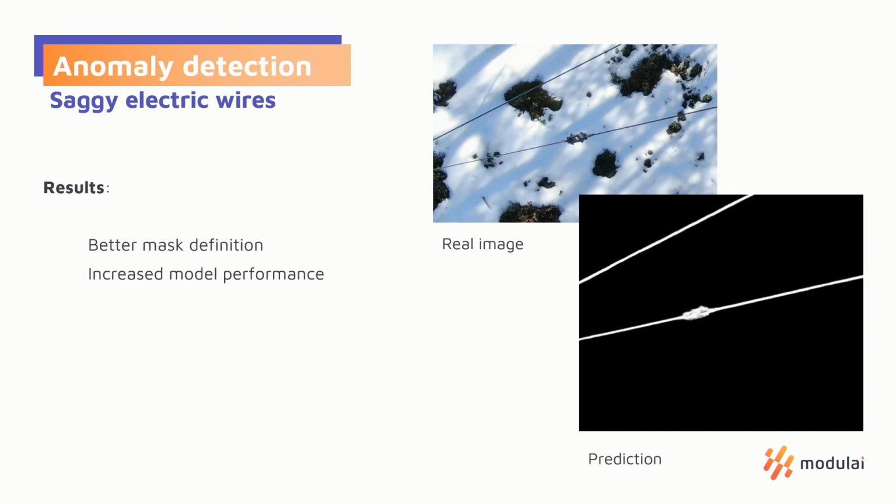The bottom image is a prediction mask, and the top is the real image. As you can see, we get quite a good mask together with the insulator. Without the synthetic data, our model was performing pretty badly. So using this type of synthetic data allowed us to have a better mask definition and increased the performance of our model.